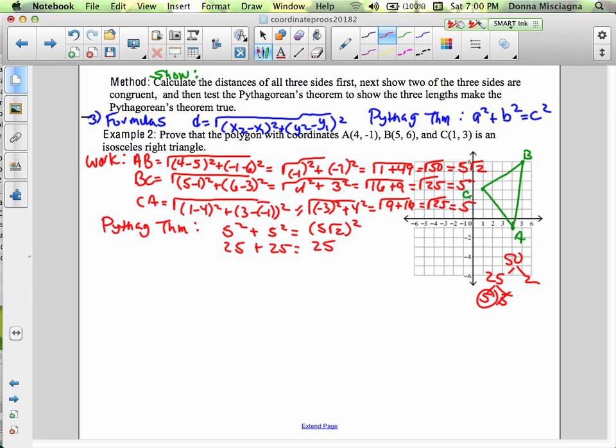And then square the radical. So times the square root of 2 squared. Right? So square and square root cancel. So that's going to be 25 plus 25 equals 25 times 2. 25 plus 25 is 50. 25 times 2 is 50. So you can see Pythagorean theorem holds.